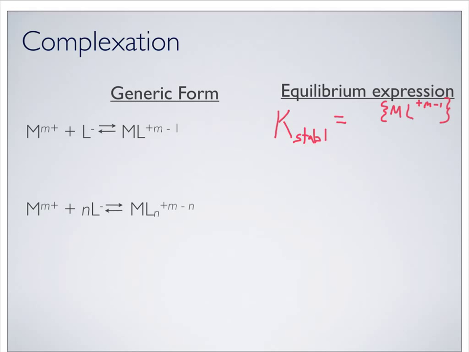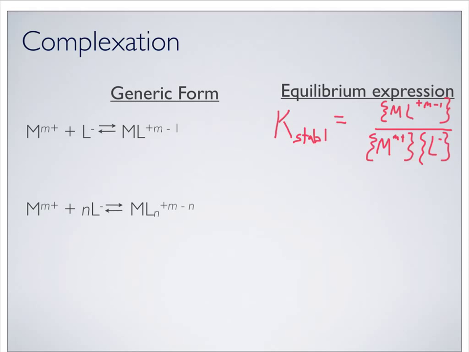And then that's going to be divided by the activities of our reactants. So M plus times the activity of our ligand. So that expression provides us with the first stepwise stability coefficient for a complexation reaction.